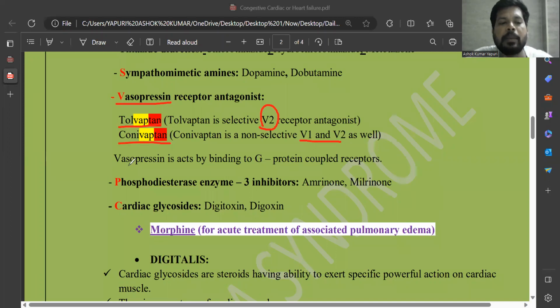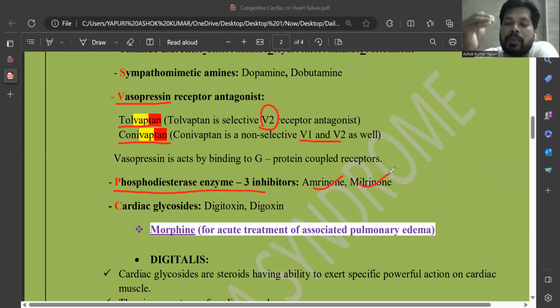And next is letter P, in BANDS VPC. The letter is P, phosphodiesterase enzyme 3 inhibitor. Examples are amrinone as well as milrinone. Both are inhibitors of phosphodiesterase enzyme 3. This enzyme is present in the heart. Inhibition of this enzyme increases the cyclic AMP level, cyclic adenosine monophosphate.